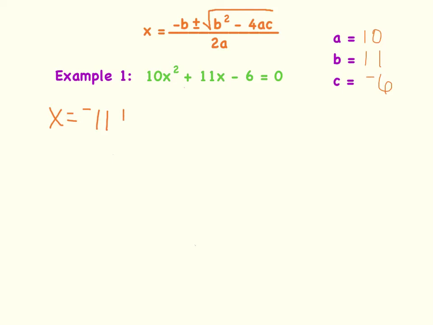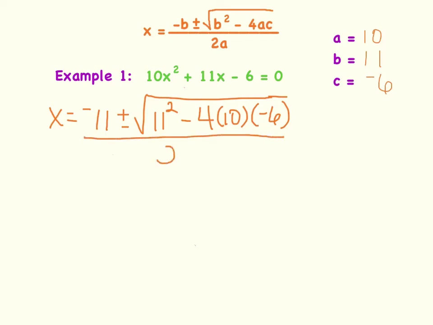Next, we're going to say plus or minus the square root of b squared. Well, in this example, our b value is 11, so that's going to be 11 squared, minus 4 times a, our a value is 10, times c, and our c value is negative 6. And we will be dividing this by 2 times a, which is 2 times 10.